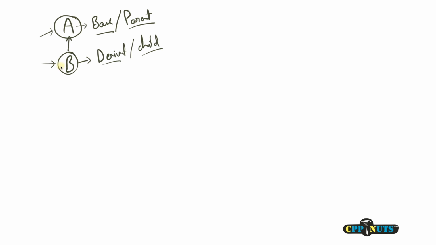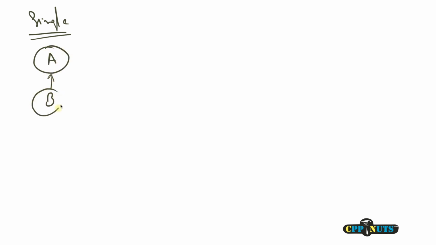I'll simply write all those types of inheritance so it will be easier for you to understand. In single inheritance, we have one base class and another one is the derived class. Only this much. That is called single level inheritance or single inheritance.